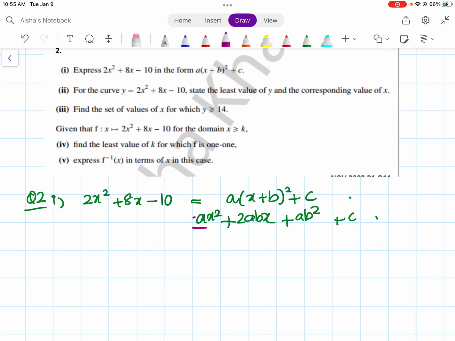A is equals to 2, 2AB is equals to 8, 4B is equals to 8, so B value is 2. A B square plus C is equals to minus 10.